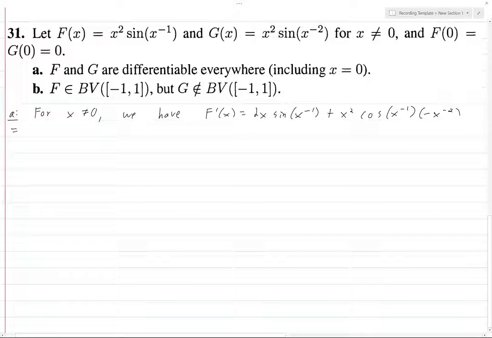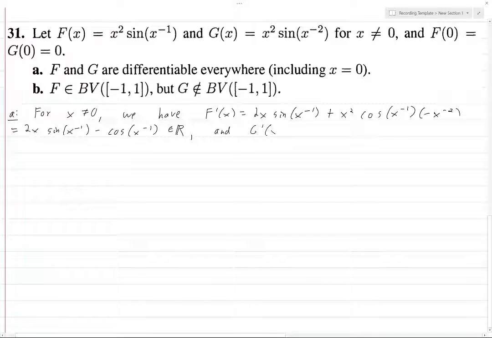But of course that cancels out, and so we get 2x sine of x to the minus 1, minus cosine of x to the minus 1. And this is a real number, and so f is fine.